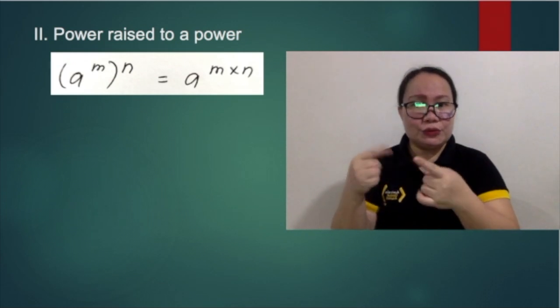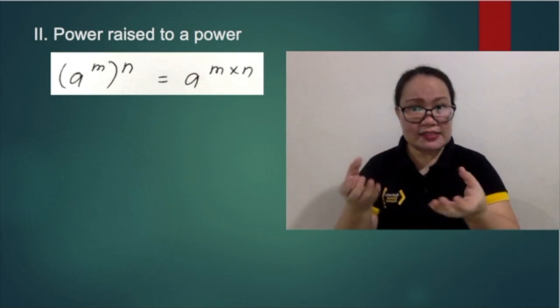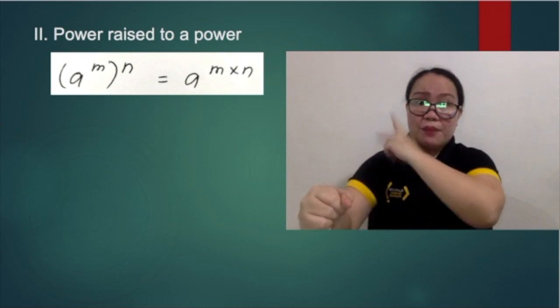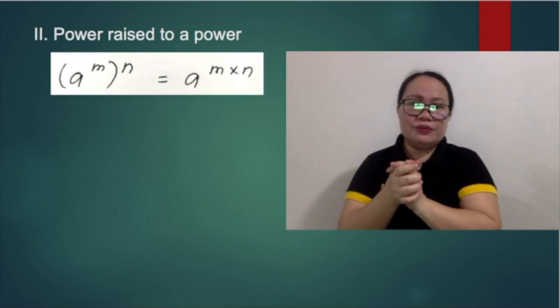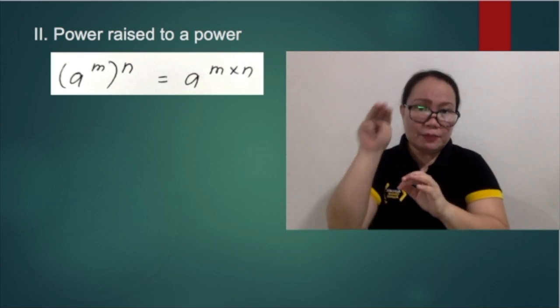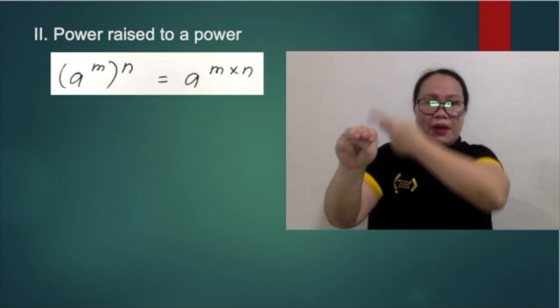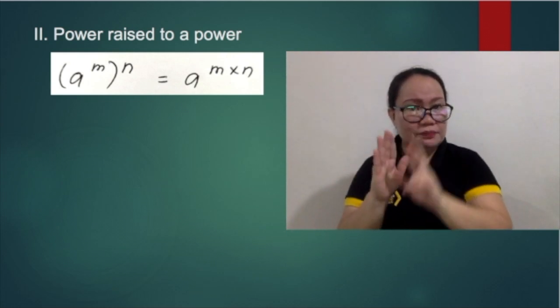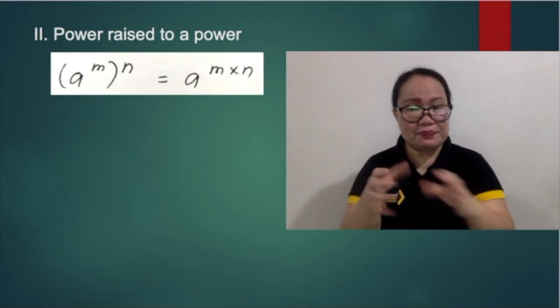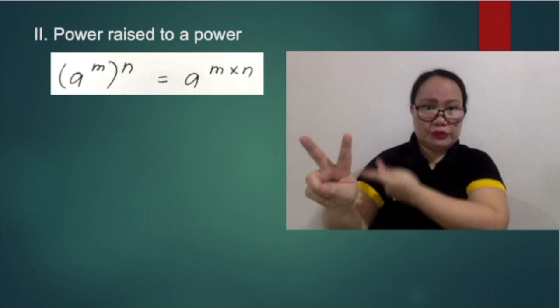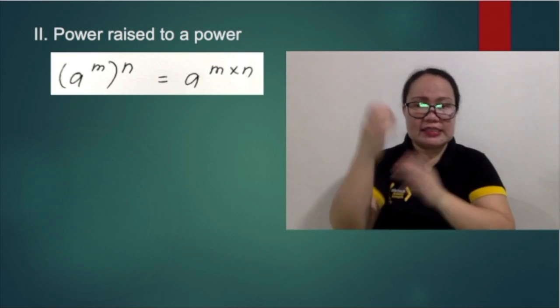Now let's go to the second case, power raised to a power. So a power is being raised to another power. So what is the rule? What is the law for this case? Simply multiply the two powers or exponents.